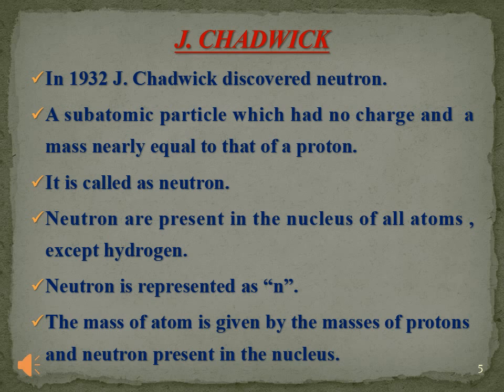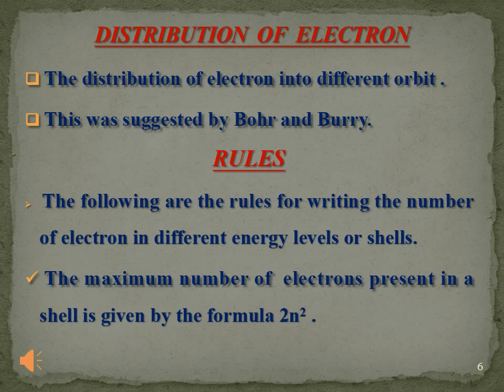So the mass of atom is given by the masses of the proton and neutron which are present in the nucleus. Students, in the previous video also we have seen the distribution of electron that was suggested by the scientists Bohr and Bury, and they have suggested a distribution of electron into different orbits, or we can say shells, and we had seen there were different shells, the K shell, L shell, M shell and N shell.